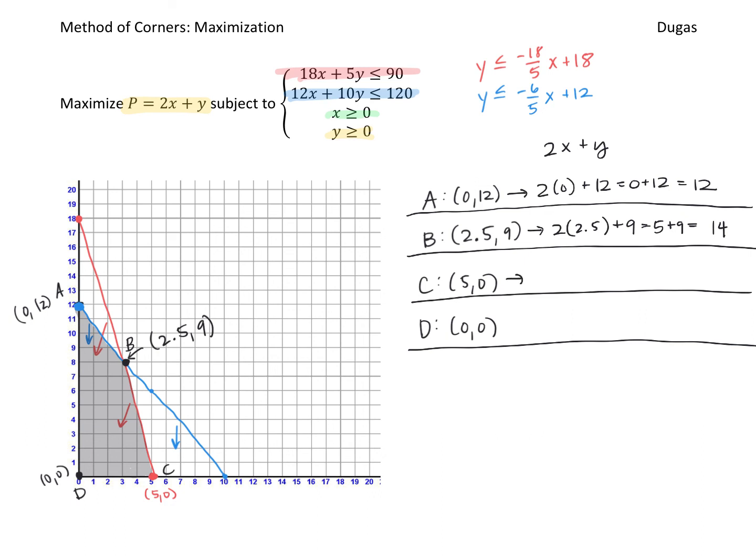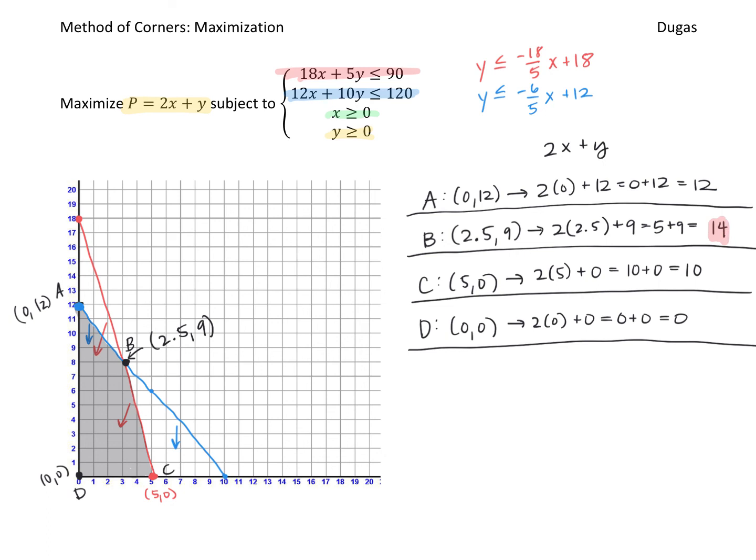Okay, next point, we have 2 times x, which is 5, plus y, which is 0. So that's just going to be 10 plus 0, which is 10. And then lastly, I have (0, 0). So 2 times 0 plus 0. And you can see that that's going to be 0 plus 0, which is 0. So in this case, we're asked to maximize. So we're comparing the numbers 12, 14, 10, and 0. 14 is the largest of those numbers.